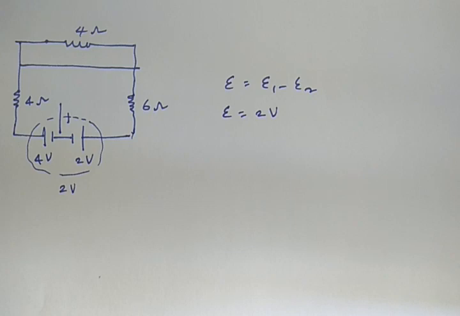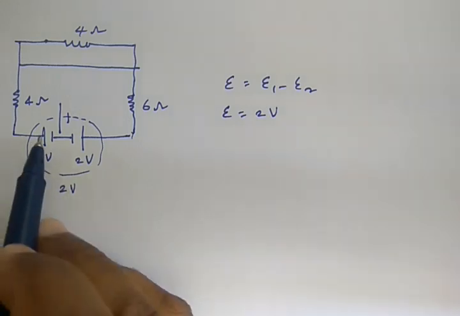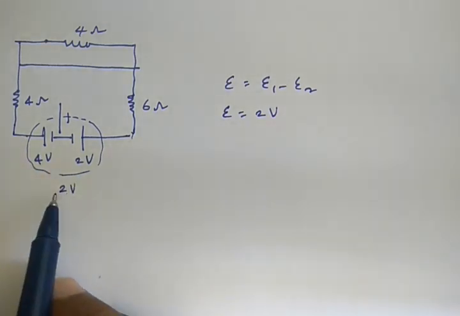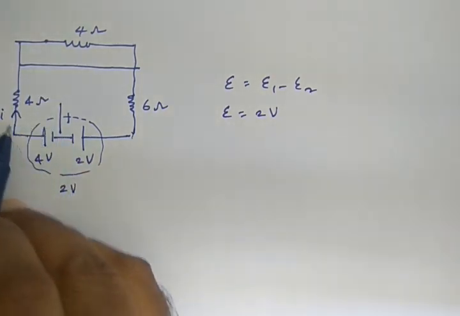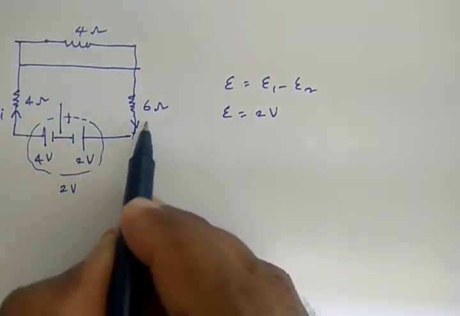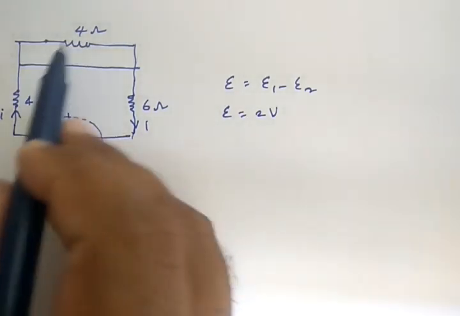Now the voltage across these two terminals is 2. Because of this you see current. Assume that current I is going through this, and if I is going here, then I must come back to the negative terminal.